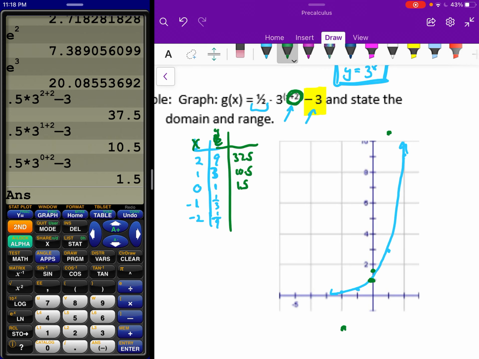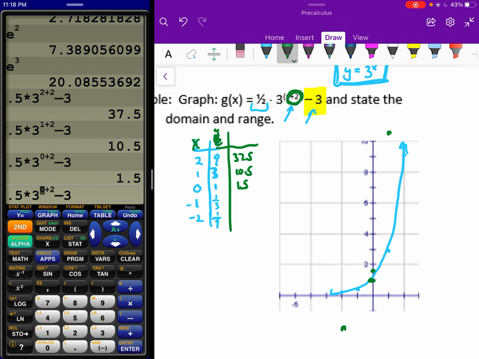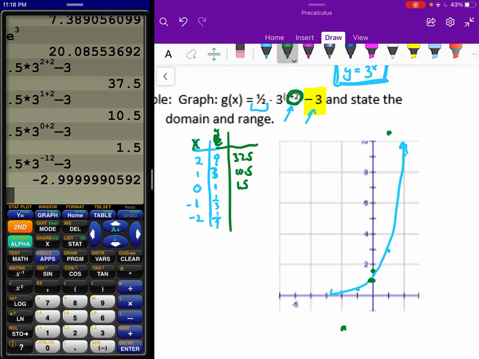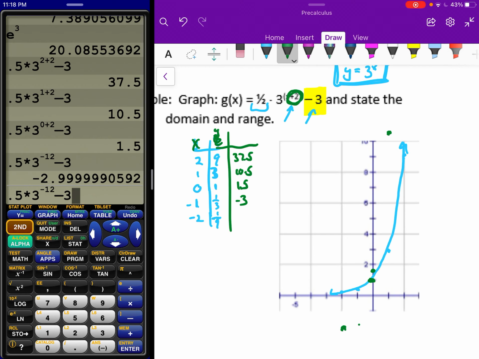Put in that same function again. Oops, that's not what we wanted. And change this to a -1. And we get basically -3. So when x is -1, y is -3. Actually, I put in the wrong thing there. So we need to put negative, but we need to insert the 1 there.